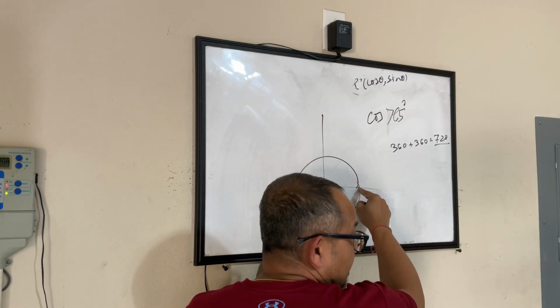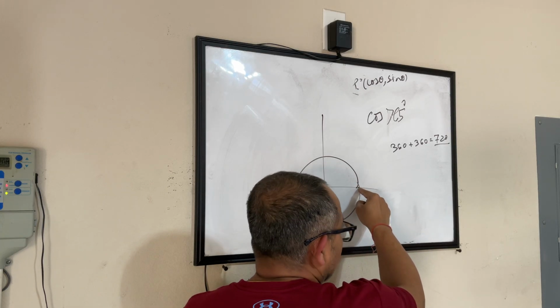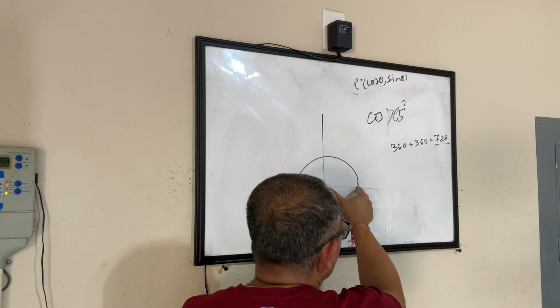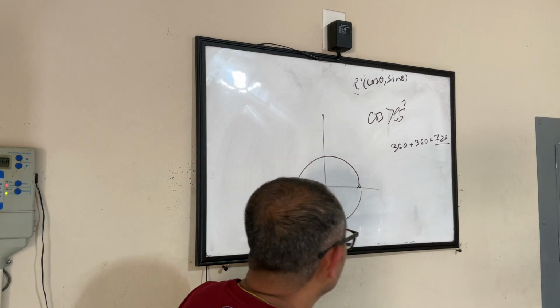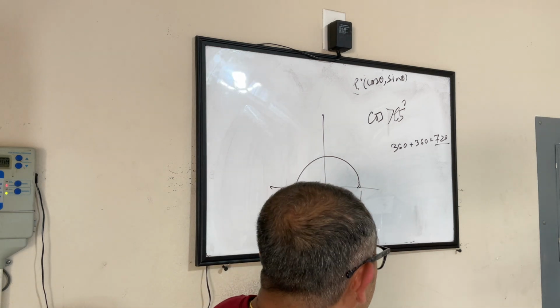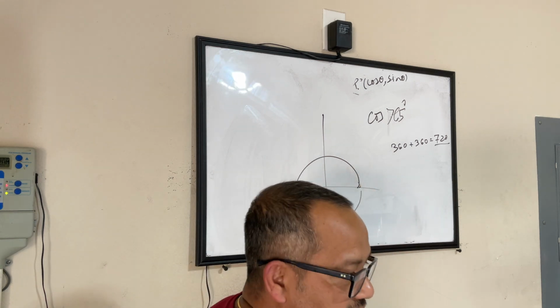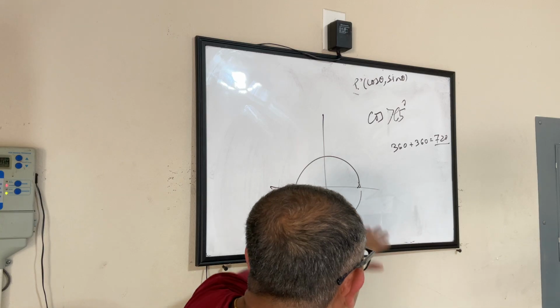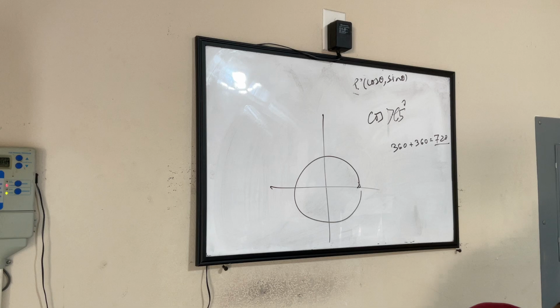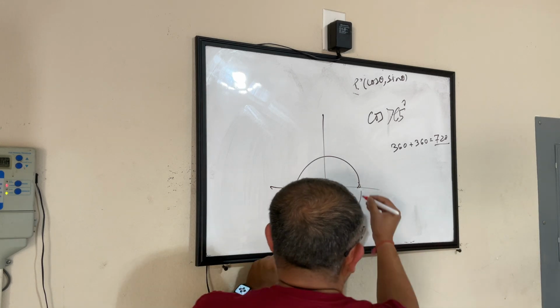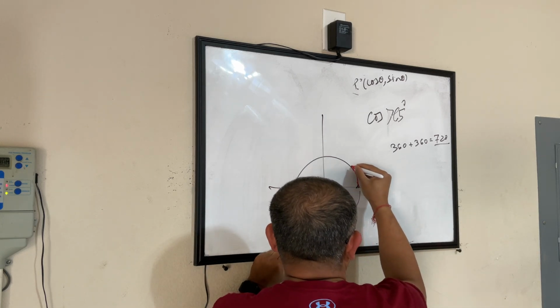It is as good as the 0 degree. And then you know your x coordinate will be equal to the radius of this, and your y coordinate will be 0. So that part is understood. Now you are talking about 765. So basically you are making two complete circles and then adding 45 more degrees.